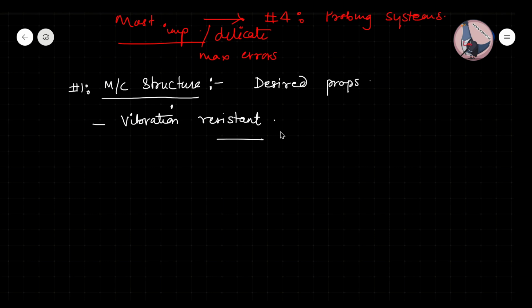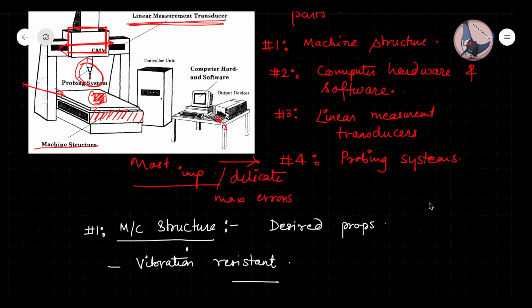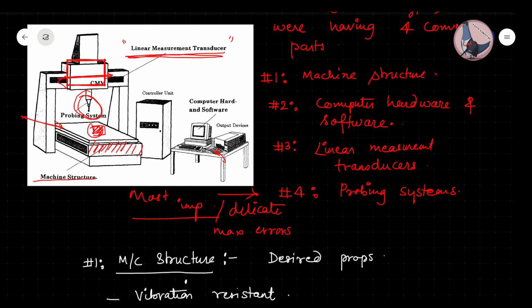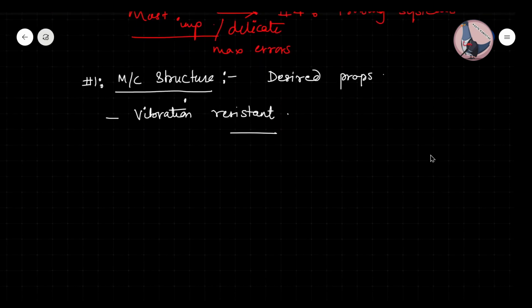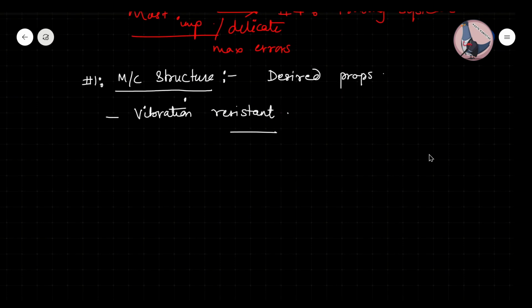Suppose there are some vibrations going on near your CMM, so this machine structure should not happily transmit them. Okay, so whenever such vibration damping characteristic of any material is discussed, the first material which might come to your mind is cast iron.